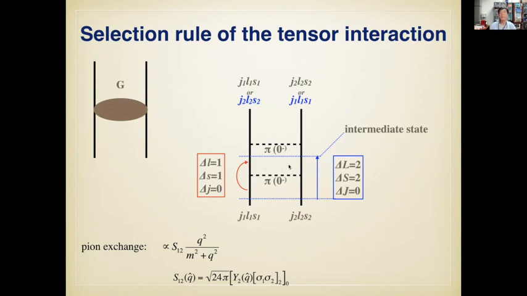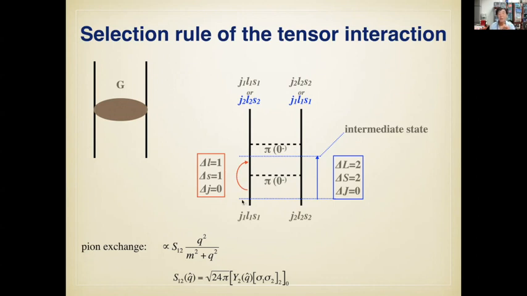Now, just for later discussion, just remember the selection rule. From here to there, because this is 0 minus, of course delta J has to be 0, delta S equals 1, and delta L equals 1. Delta L has to be 1 or more. I mean, this is the minimum, but if you change the L, you have to change the spin. So this is the selection rule for this one particle.